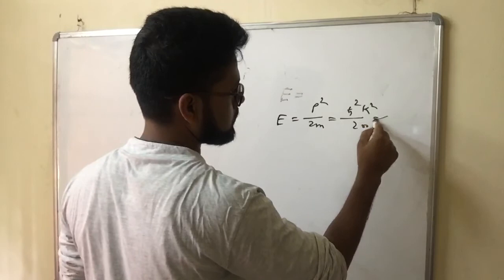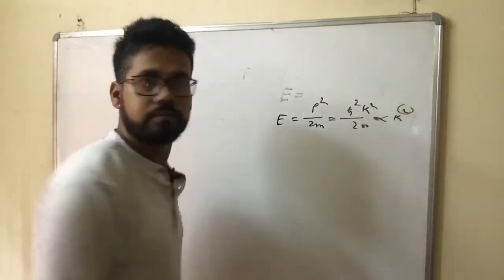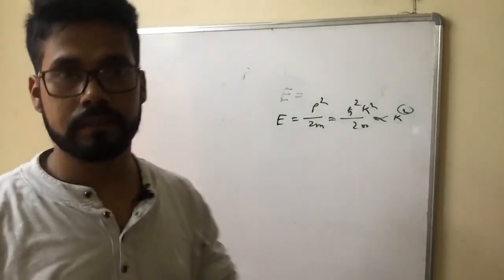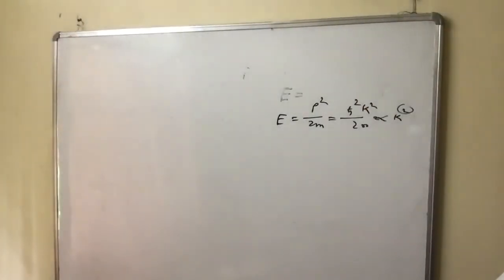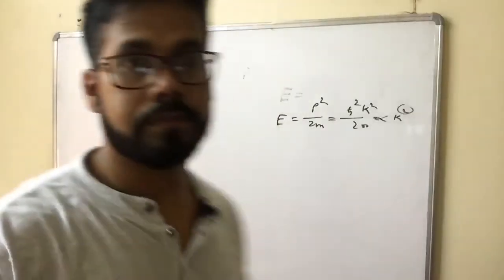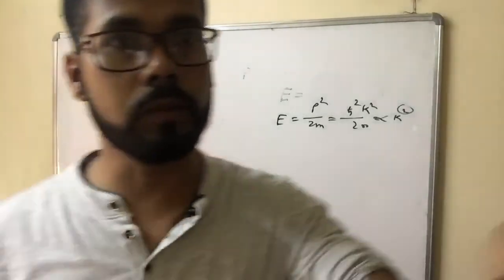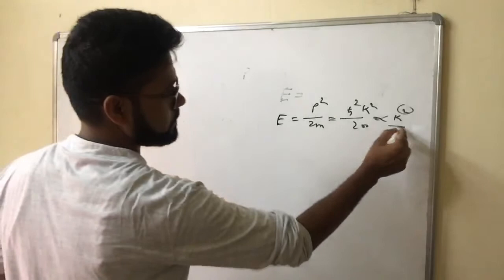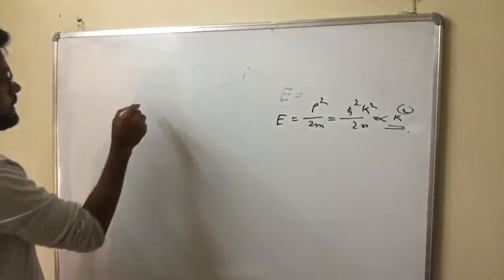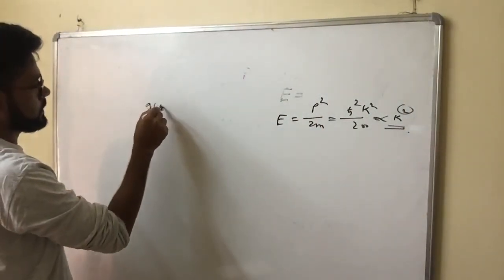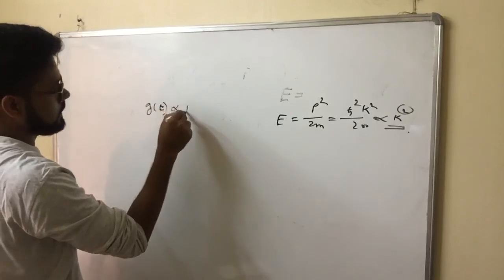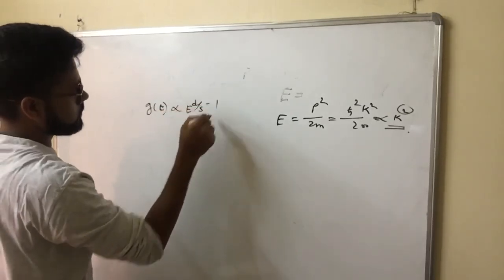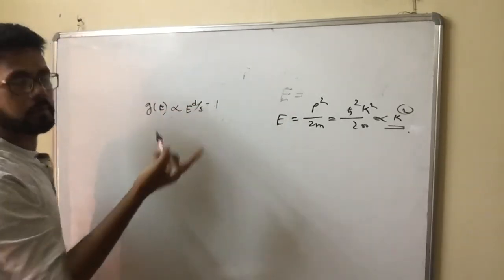So it is a dispersion relation, k equal to 2. Dispersion relation 2, it is for electron.